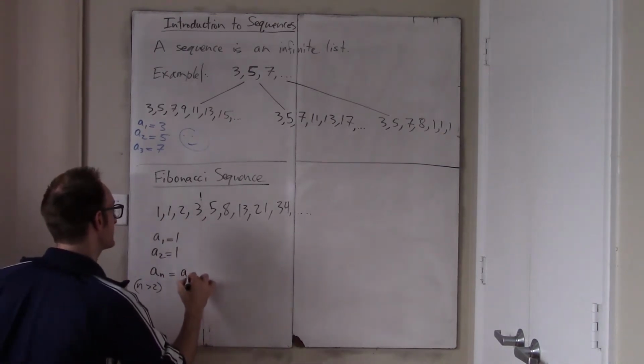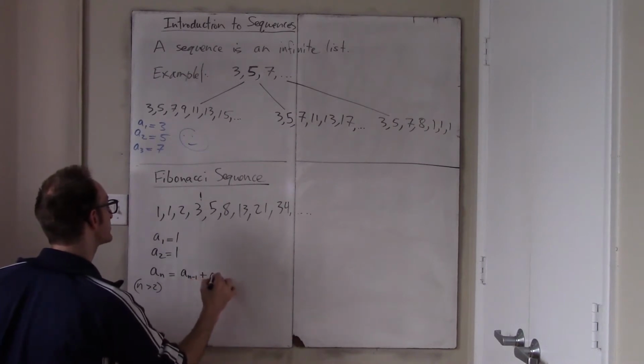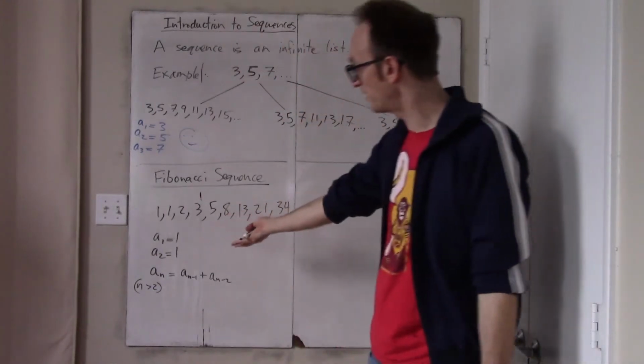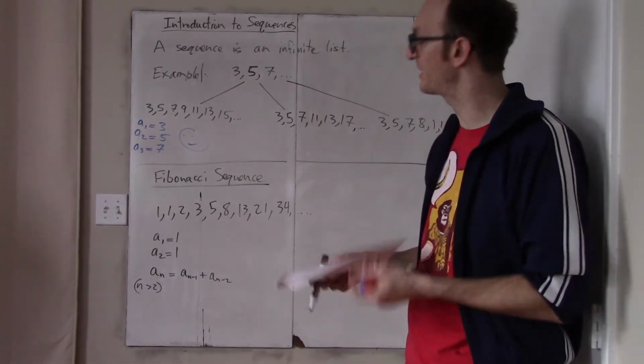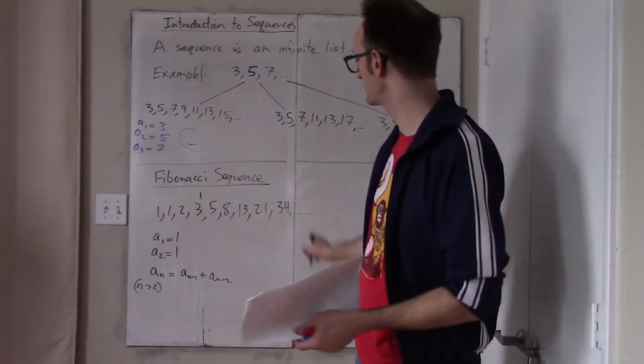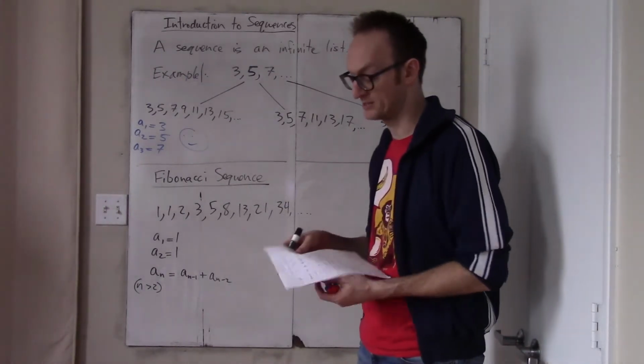And so we can say a_n = a_(n-1) + a_(n-2). And so here we have a recursive definition of the Fibonacci sequence. Now this is completely precise, and there's no room for misunderstanding.